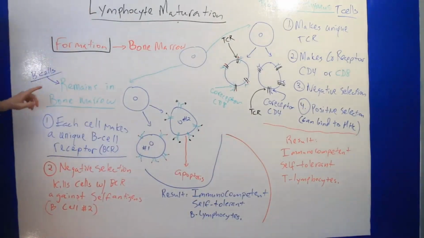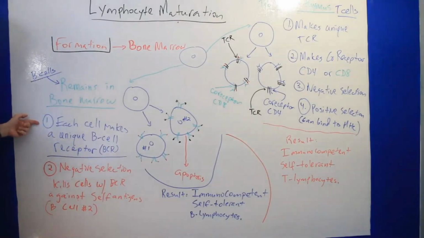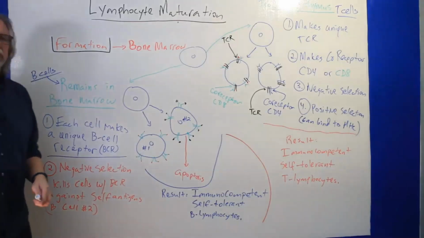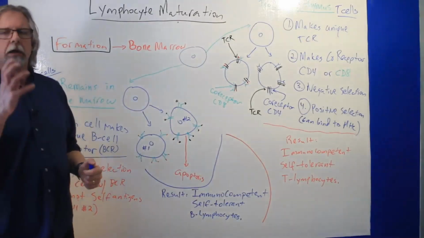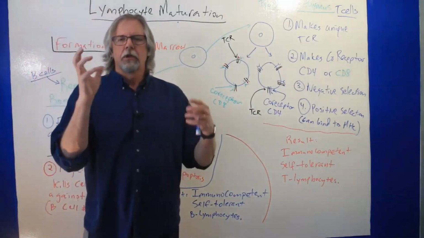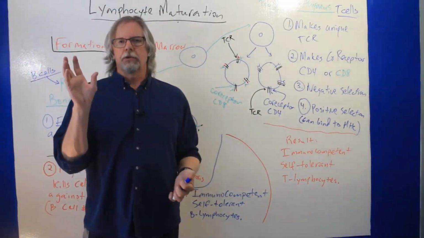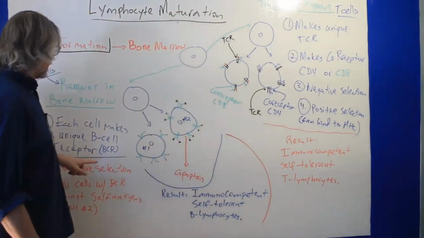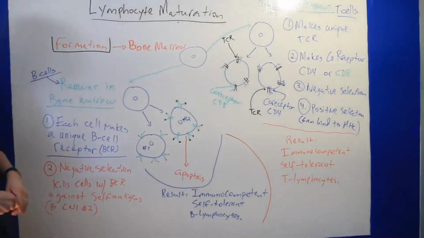What's going to happen to a lymphocyte if it matures in the bone marrow? Two main things. One is each cell is going to make and display on its cell surface a unique B cell antigen receptor. Okay? They're equipping themselves with a protein receptor. It's called the BCR, B cell receptor.